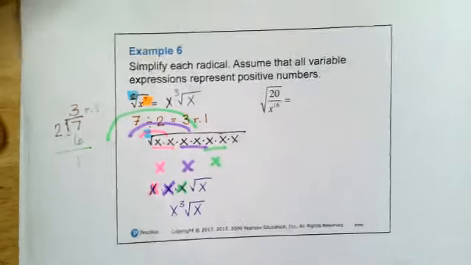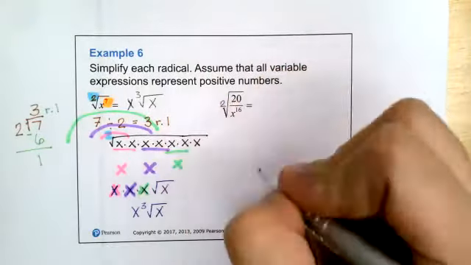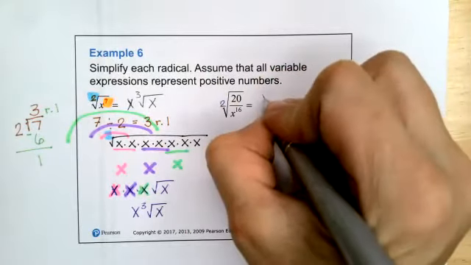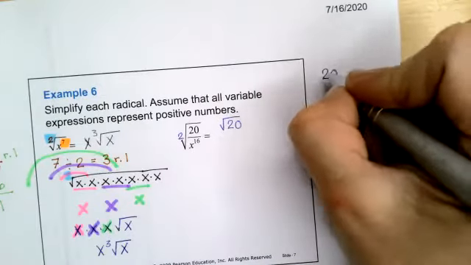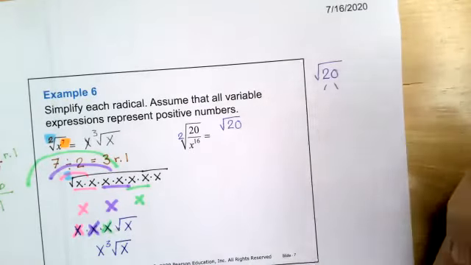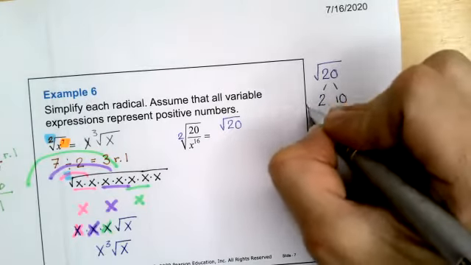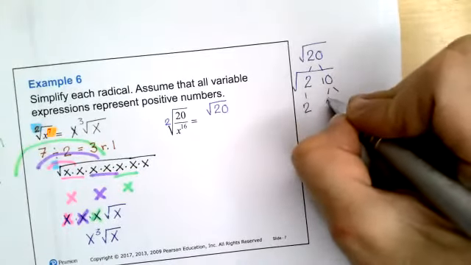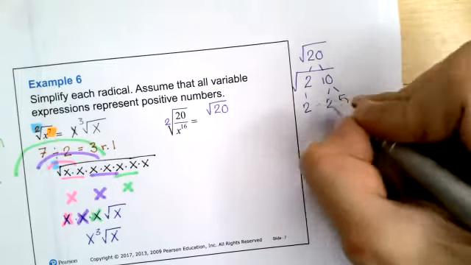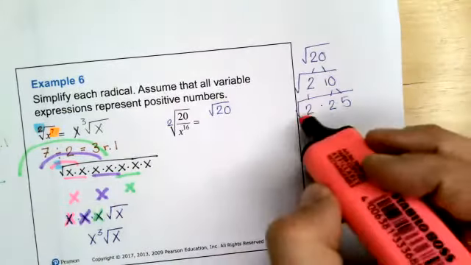The square root of 20 over x to the 16th. The square root of 20 becomes 2 times 10. 2 remains a 2. 10 becomes 2 times 5. The two 2's come out.